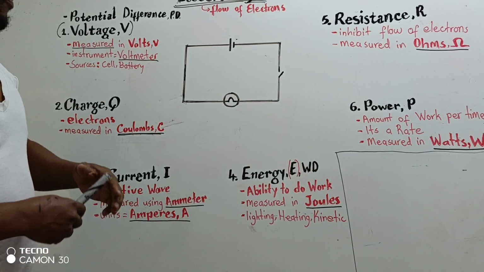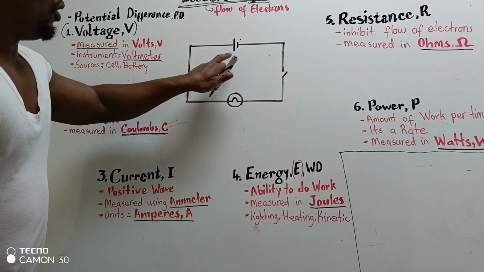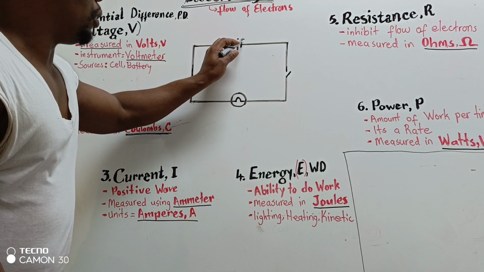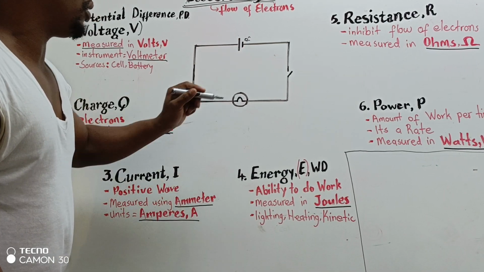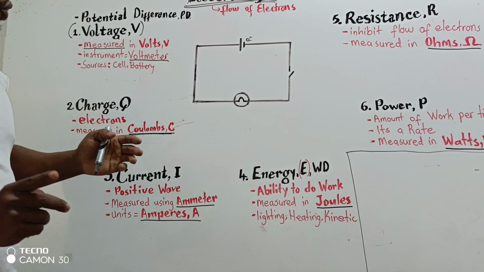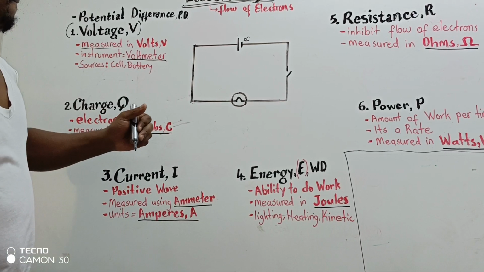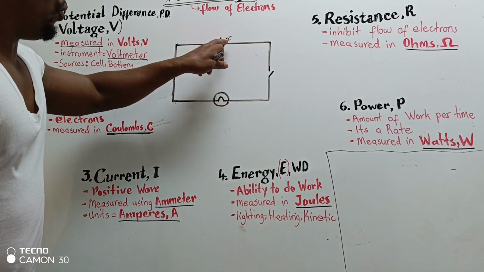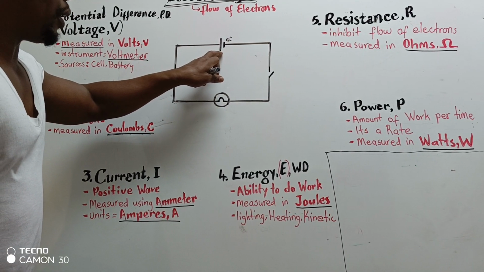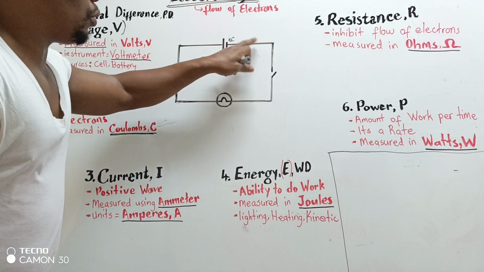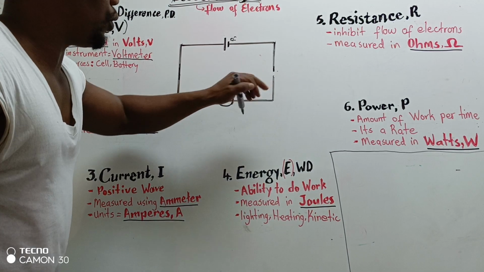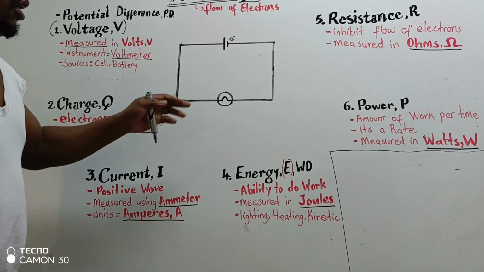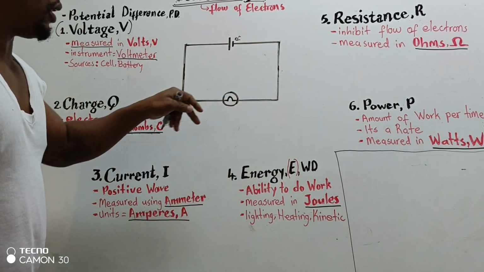Of these two terminals, the one that is rich in electrons is this one. These electrons are going to be subjected to this potential difference, and they're going to be forced to flow. Once you close this switch and the circuit gets completed, these electrons are going to flow around the circuit.